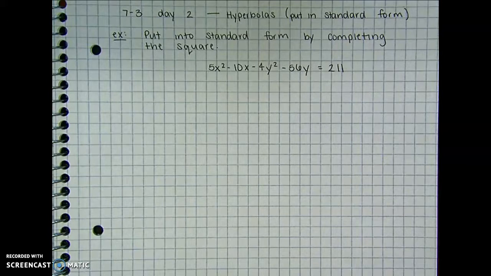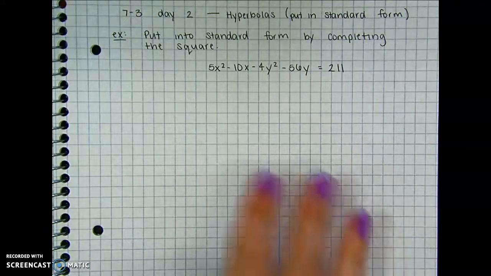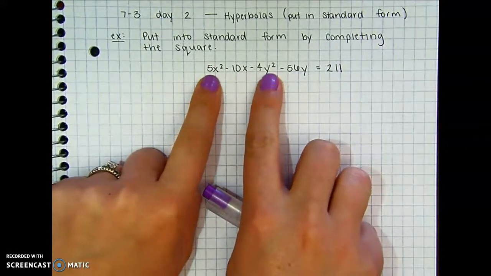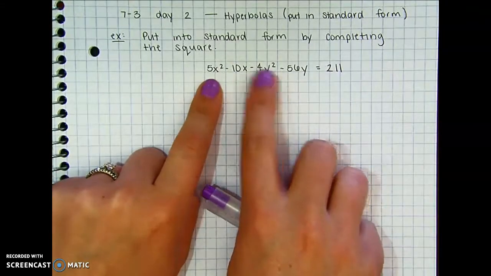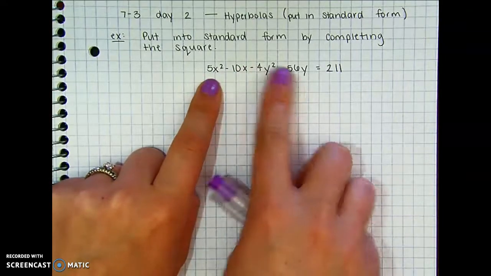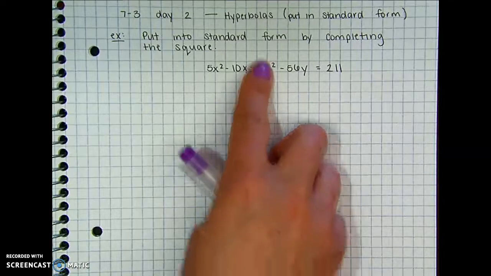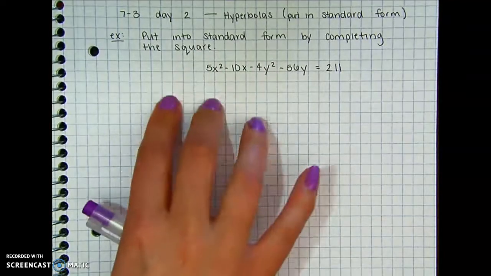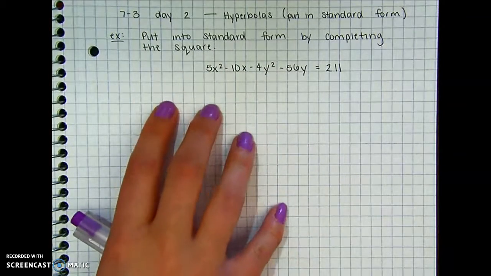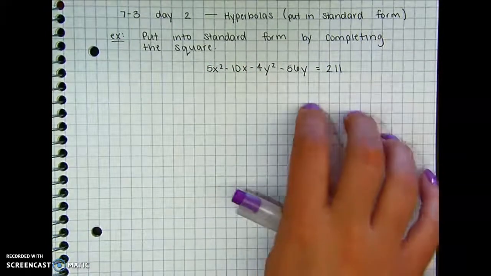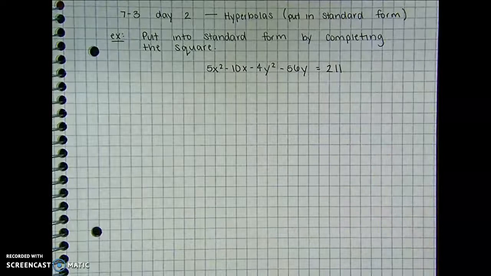If it's not in the correct order, then what you're going to want to do is put them together and look for which part being squared is negative, because you're going to want that to go second. So if it was negative 5x squared and positive 4y squared, we'd put the positive 4y squared and our y's in front, because hyperbolas are always one thing being squared minus another thing being squared. So to save time, this is already in order.